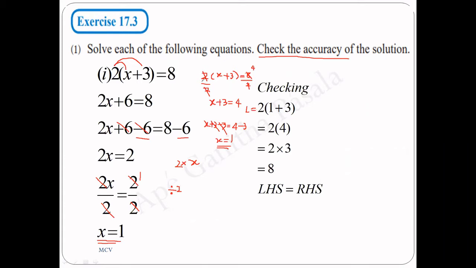Left hand side equals 2 brackets x, and x is 1.